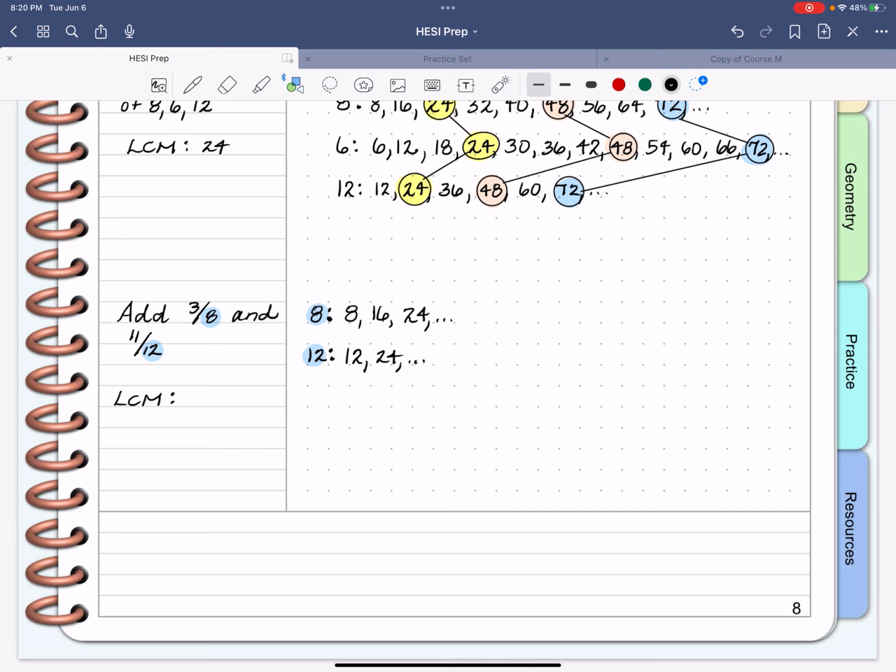The lowest common multiple is 24. So that is the best denominator. And the lowest common denominator would be 24 as well. Do not go that extra step.